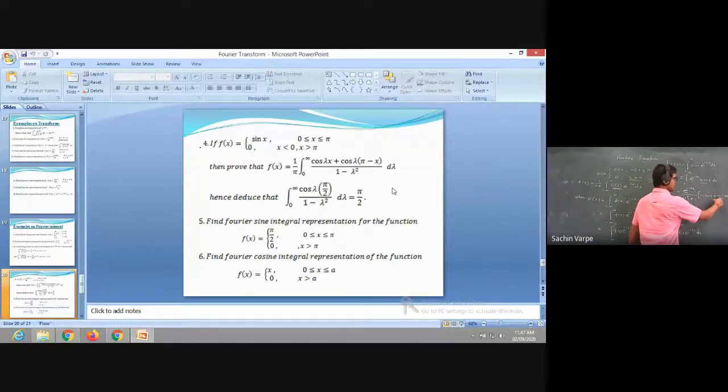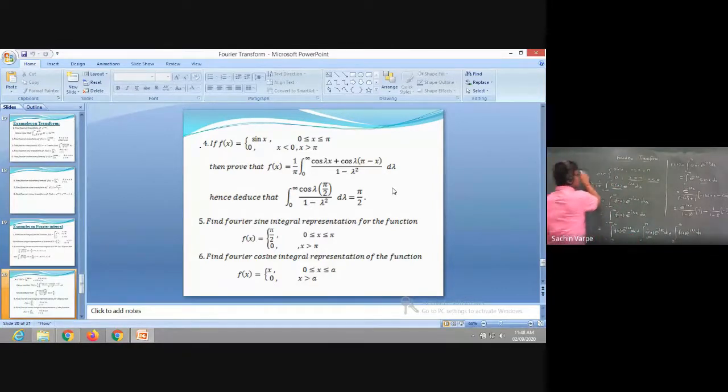And minus cos pi. What is cos pi? Cos pi is minus 1. So minus 1 into minus 1, isn't it? 1, minus at lower limit. Please check the calculations, right? So at lower limit now, at x is equal to 0, e to the power 0 is 1 upon 1 minus lambda square into, at x is equal to 0, sin 0 will be 0 and cos 0 will be 1. Isn't it? So minus 1. Please check.